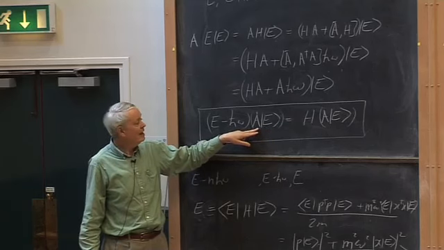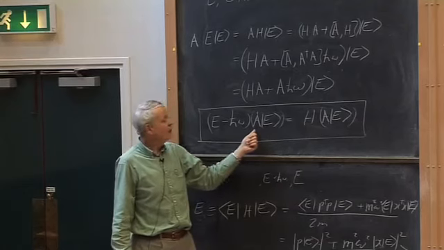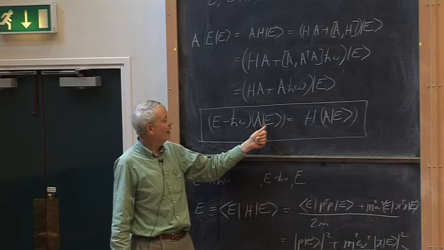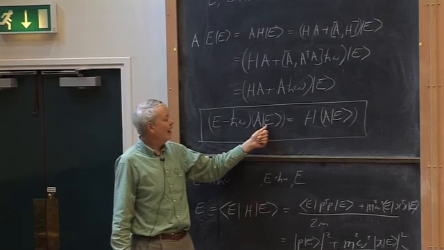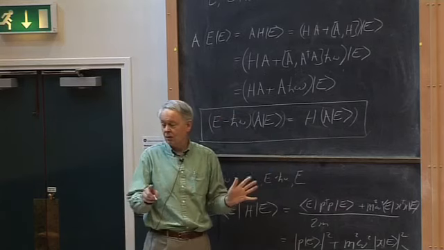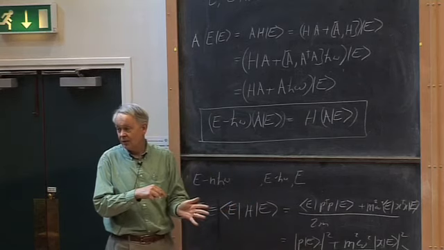But if, at any stage in this chain of applying A's, this thing here would vanish, so if, when you get to a certain lowest energy E, you apply A and it simply kills it, it produces a ket of no length at all, then we won't have a state of even lower energy.